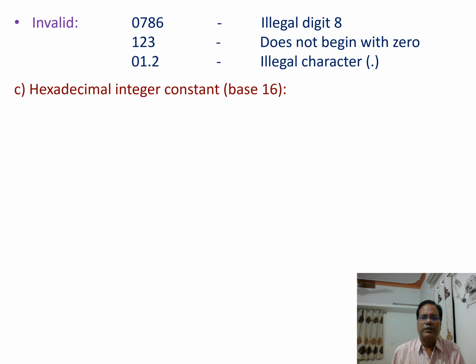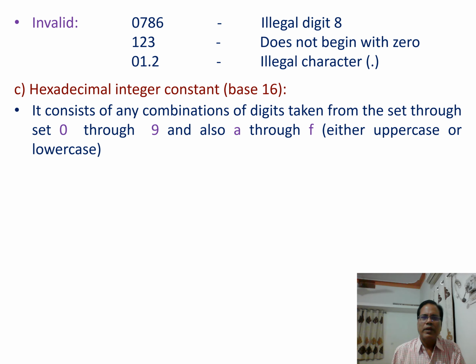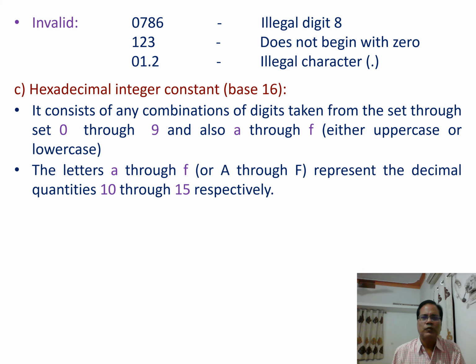Now let us discuss the hexadecimal integer constant that has a base of 16. It consists of any combination of digits taken from the set 0 through 9 and also A through F, either uppercase or lowercase letters. So there are 16 symbols used in hexadecimal integer constants.